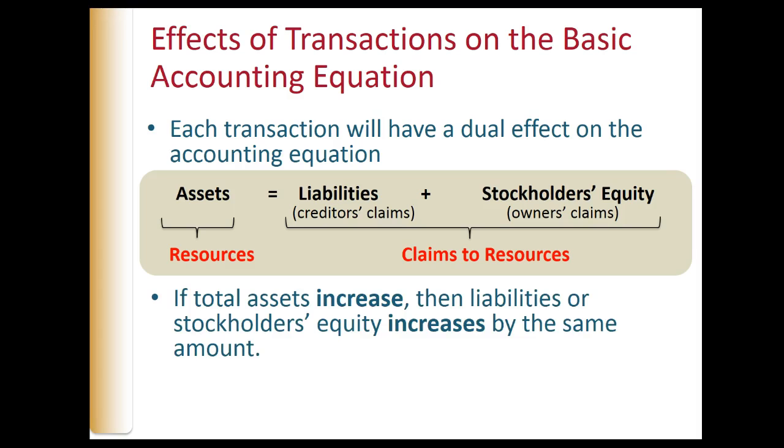Each transaction is going to have a dual effect. So if an economic event increases one side of the equation, then it also increases the other side of the equation by the same amount. Or if an economic event decreases one side of the equation, it's going to also decrease the other side of the equation by the same amount. Sometimes a transaction will not affect the total of either side, and we're going to look at and see how that works. Hang in there with me.